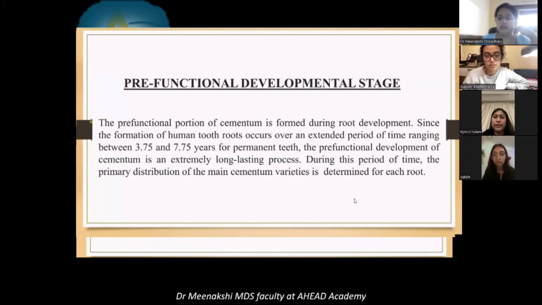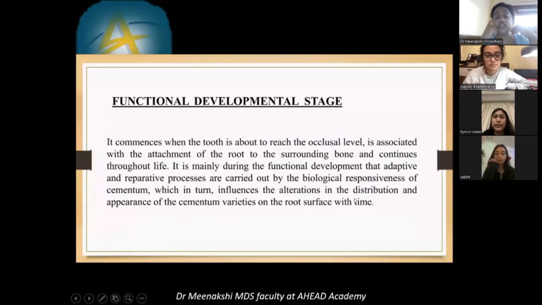To talk about the functional developmental stage of cementum, it commences when the tooth reaches the occlusal level. Now the tooth has erupted. It is coming into its functional form. It is meeting the opposite arch teeth.